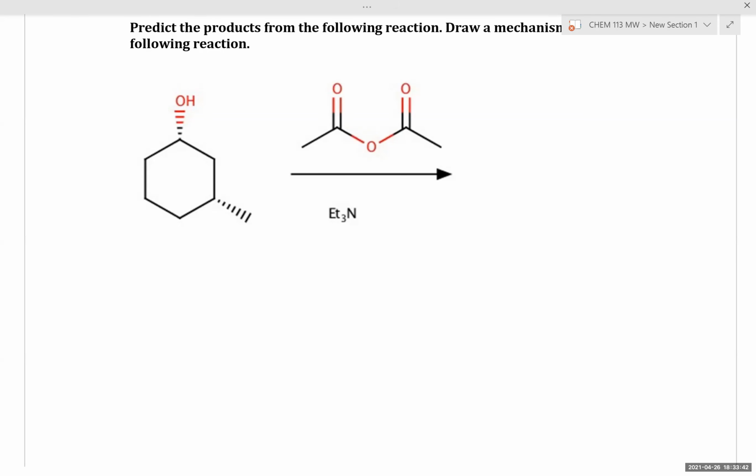Would anyone like to propose a mechanism, or would anyone like to draw a structure for the product from this reaction?